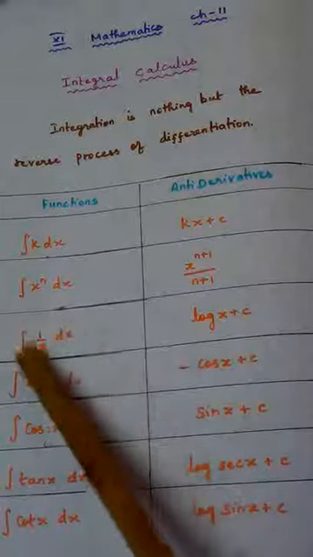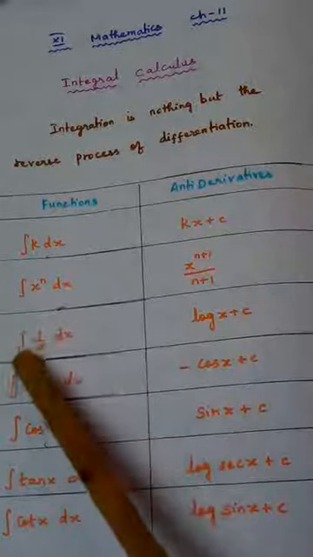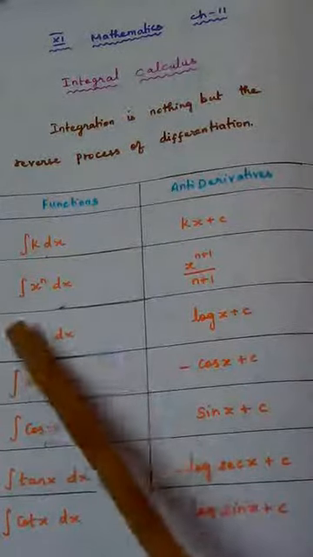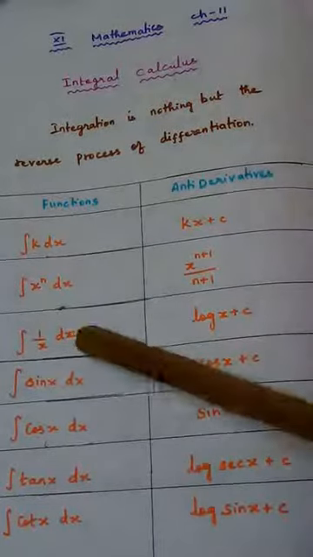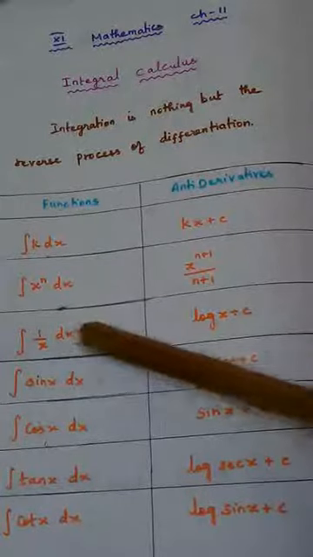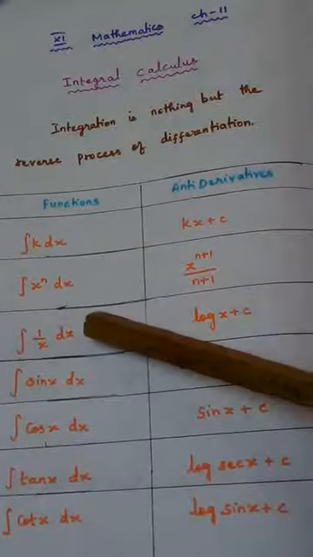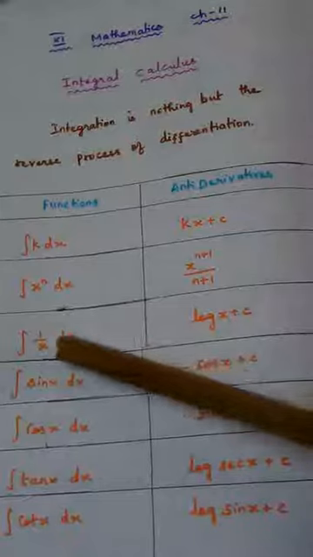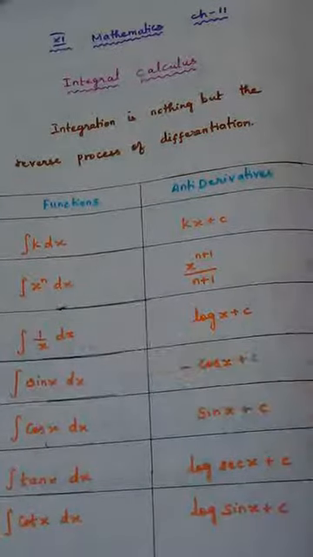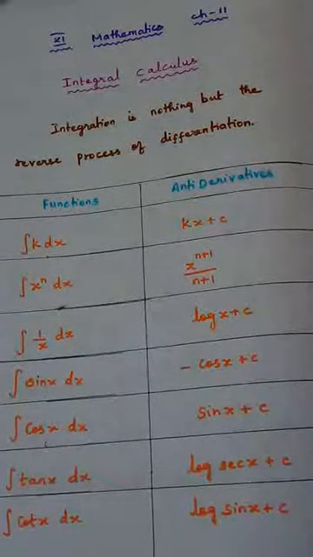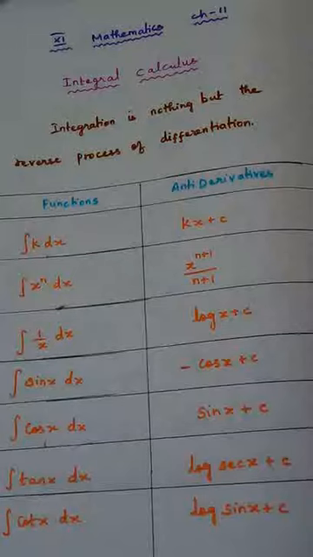This is the symbol that we use for integration. How to read this? Integral 1 by x dx. What is this dx? dx stands for the integration operator. That means we are doing the integration with respect to x. Even in differentiation we write like that: differentiating with respect to x, or with respect to theta, or with respect to t.